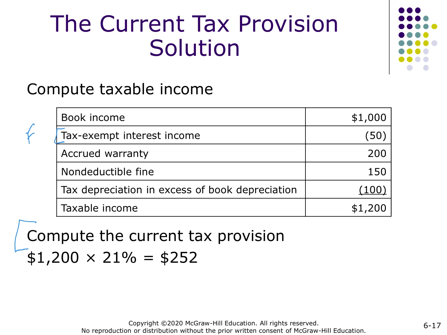Accrued warranty has to get added back in. It was deductible for books, not for tax. A non-deductible fine was deductible for books, not for tax. So those are both unfavorable. Tax depreciation in excess of book depreciation, okay, that is favorable. And so we end up with taxable income of $1,200. Multiply that by our set corporate rate, and you get the current tax provision.